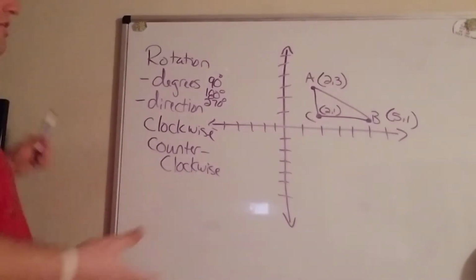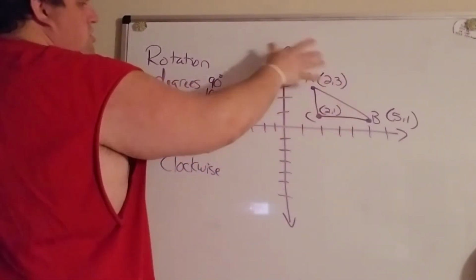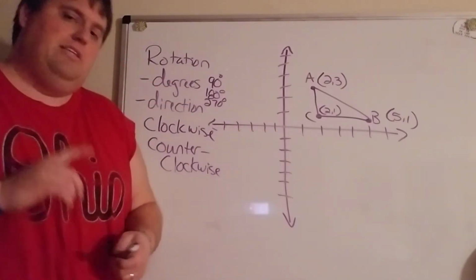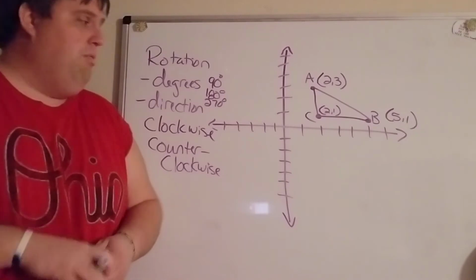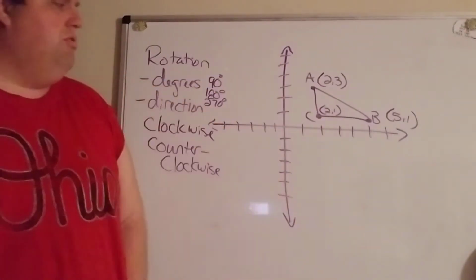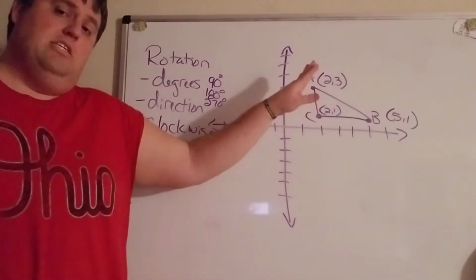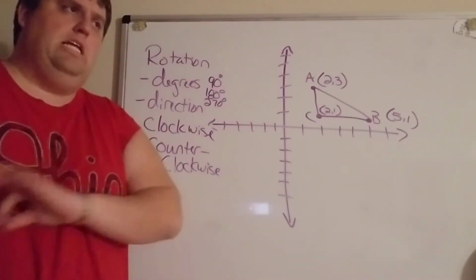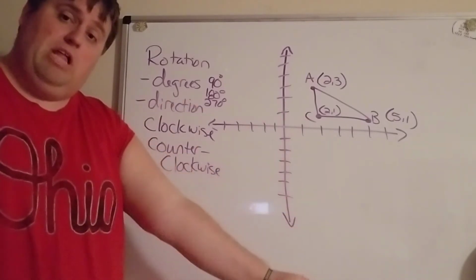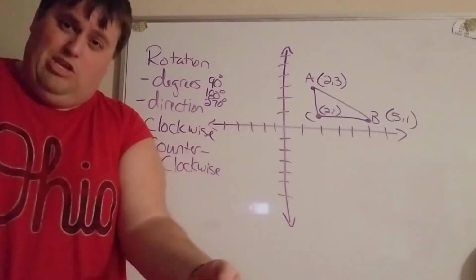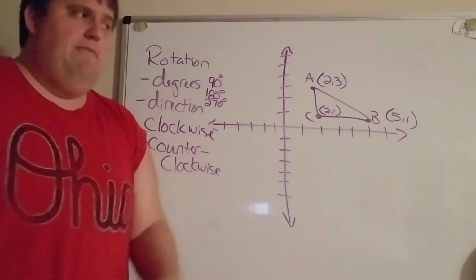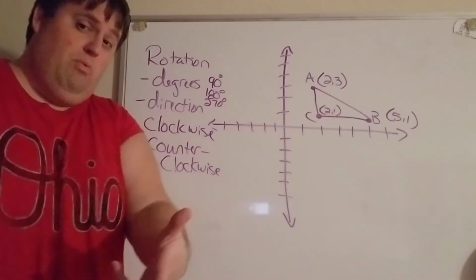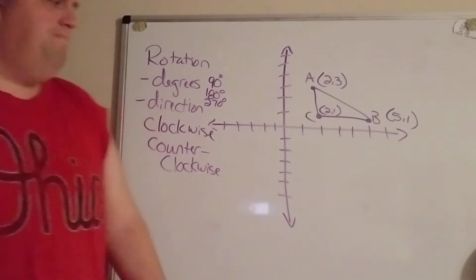If you go the other way, this way, that would be counterclockwise. And notice some really interesting things. 90 degrees clockwise, 1/4 turn clockwise, is the same thing as 3/4 turn counterclockwise. So 90 clockwise is the same as 270 counterclockwise, which is why it's important that you state which way you're going. If you just say I rotate 270 degrees, that doesn't really help anybody, because you don't know which way you're going.